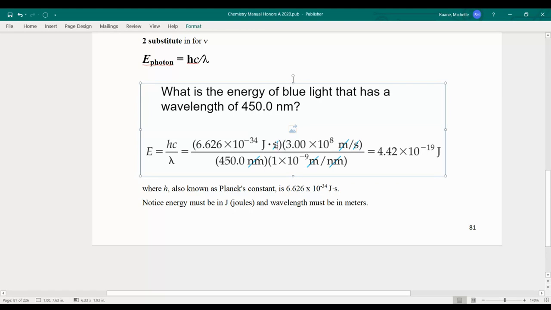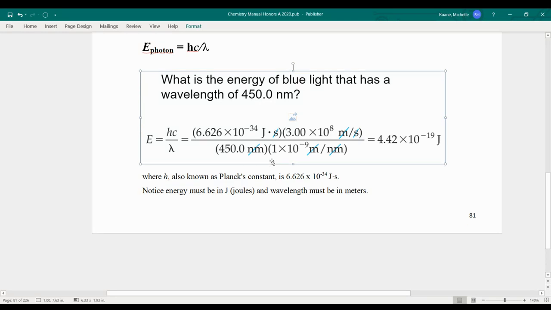Our Planck's constant is joules per second. And here our speed of light is meters per second. So meters has to cross out. So if we're given nanometers and we're using the speed of light, we need to convert it to meters. So they did that right inside the problem. Feel free to convert your nanometers to meters separately, or you can put it all together just like this.